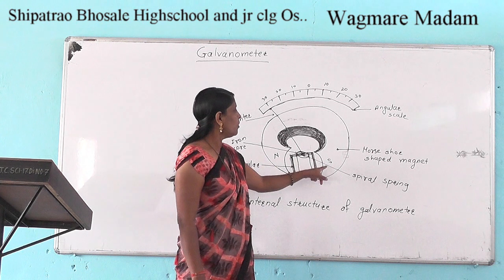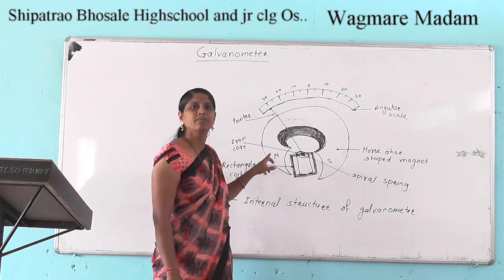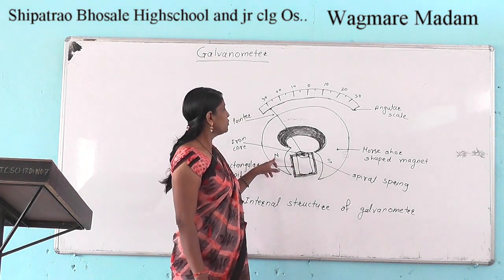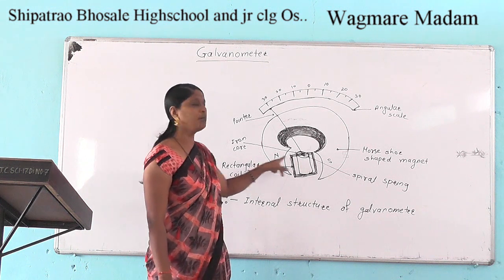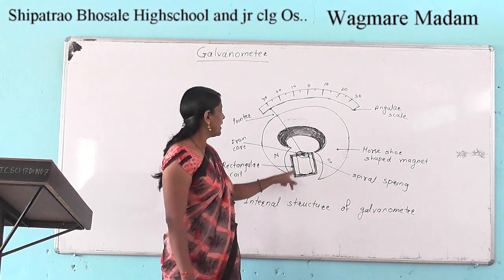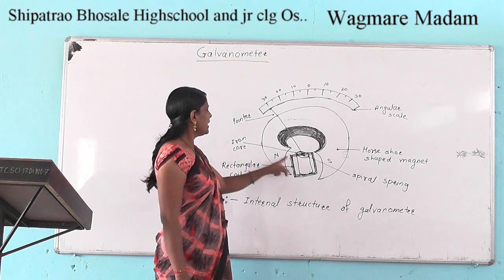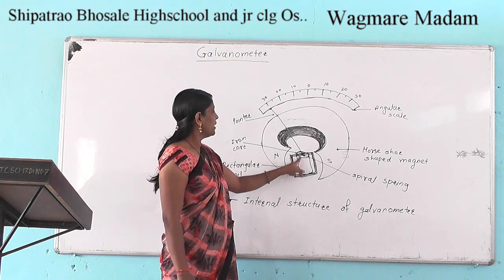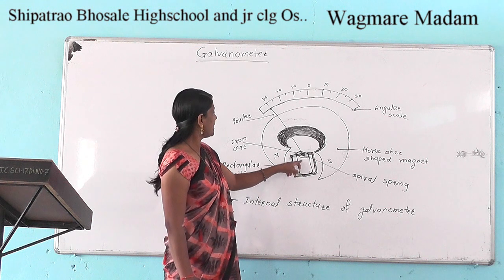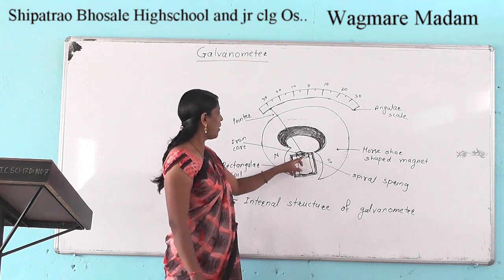In between these two magnets, the rectangular coil is suspended. Here an iron core is placed in between this rectangular coil.